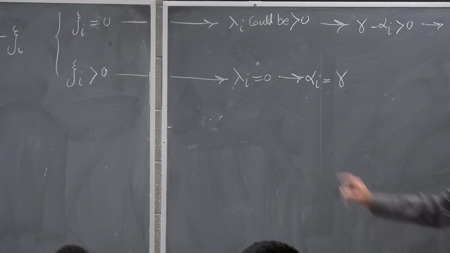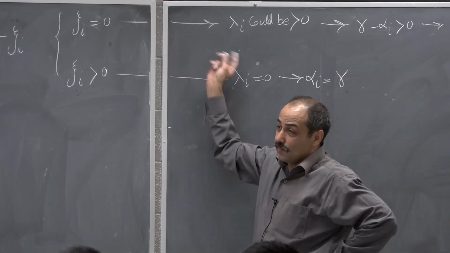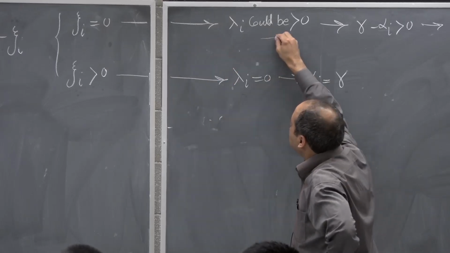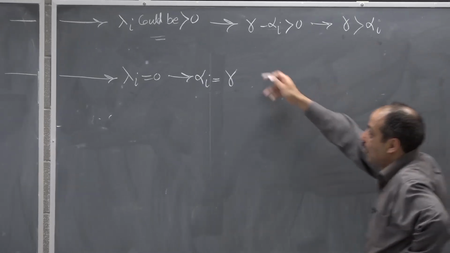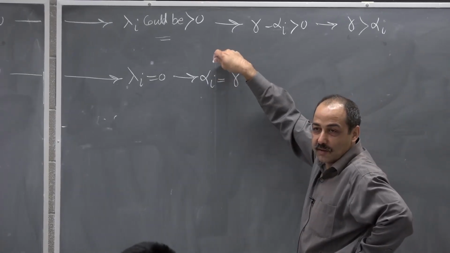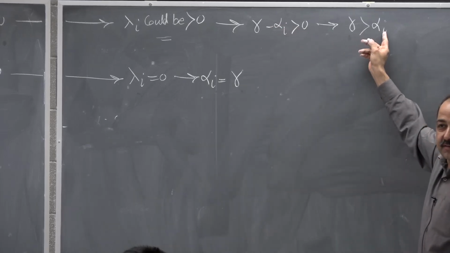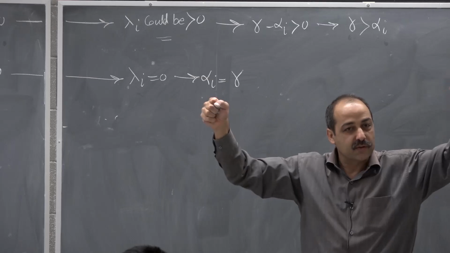From this conclusion alone, alpha could be greater than alpha I, but if you combine these two together, you can conclude that for sure they are less than alpha. Because there are two cases. Either they violate the margin or they don't.